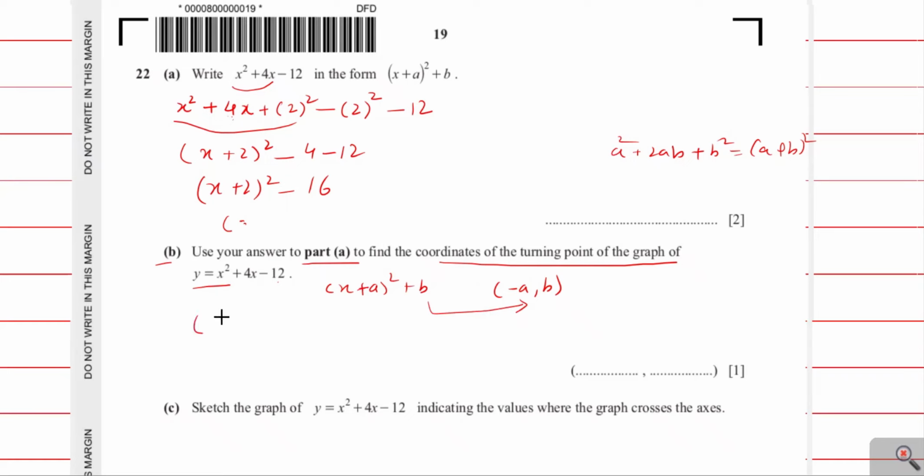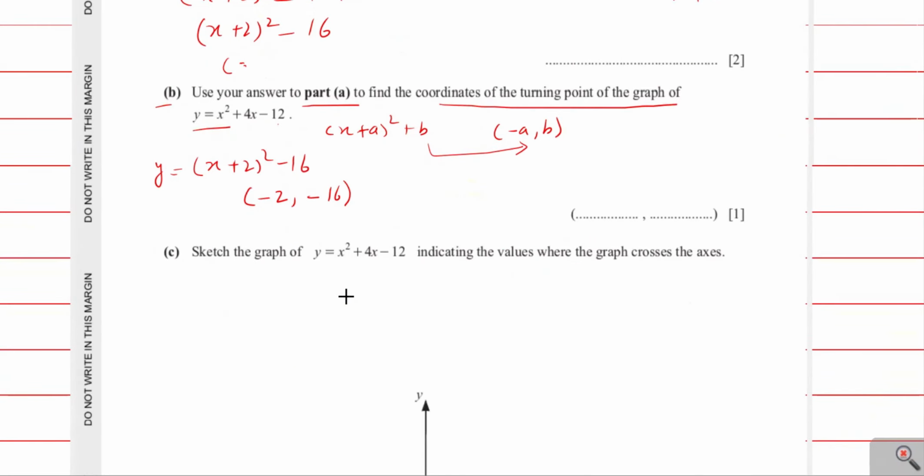According to this, the equation y equals x square plus 4x, we can write as (x plus 2) whole square minus 16. Therefore, the turning point will be (minus 2, minus 16).